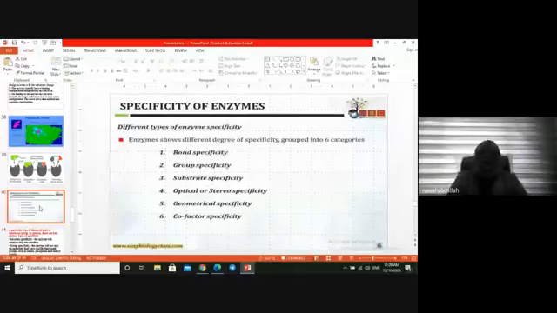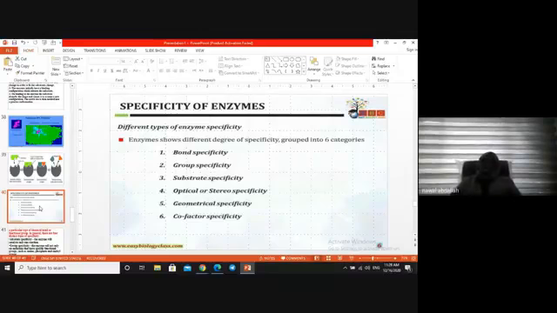So the specificity of enzymes can be divided or shown in different degrees, or grouped into 6 categories. Number 1, bond specificity.